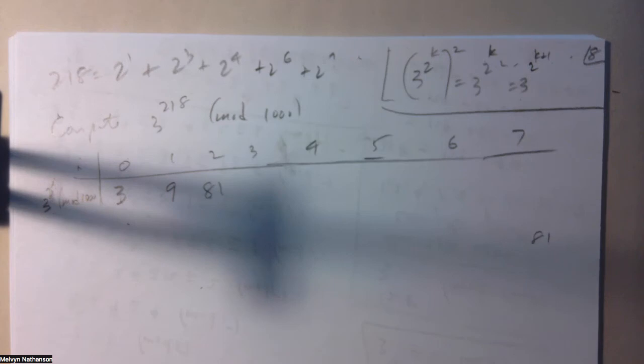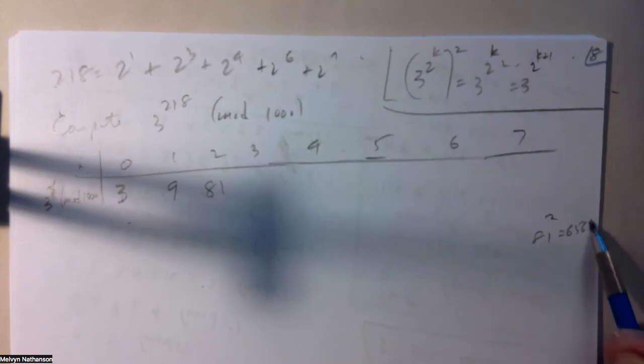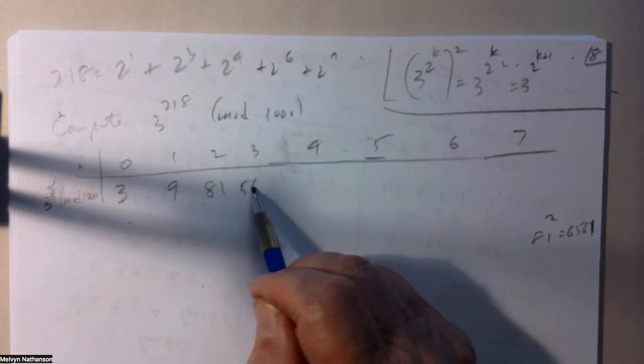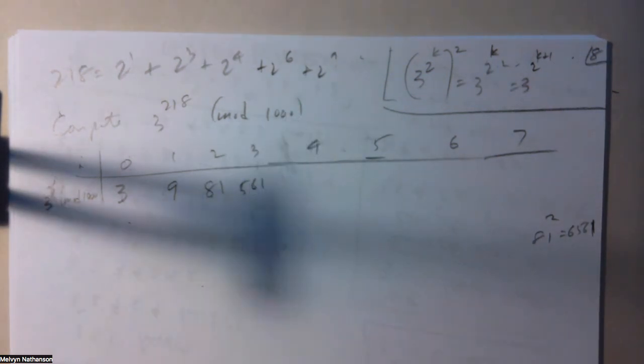What is 81 squared? 6,561. What is this modulo 1,000? 561. So 3 to the 2 cubed mod 1,000 is 561.